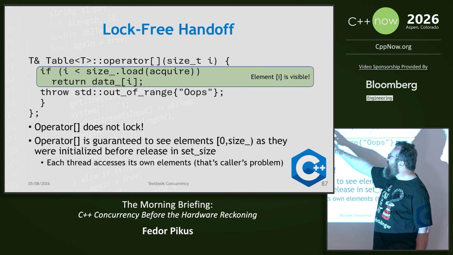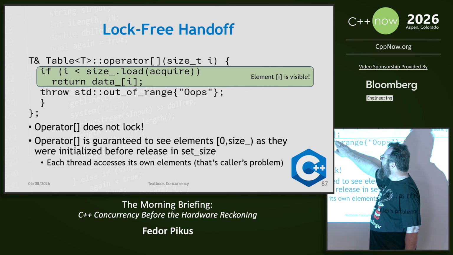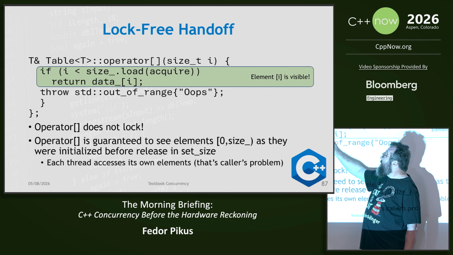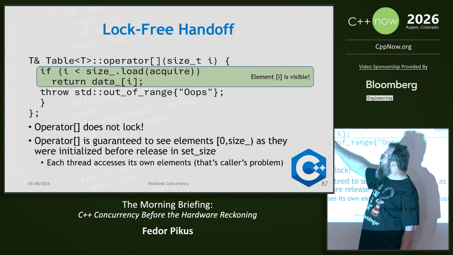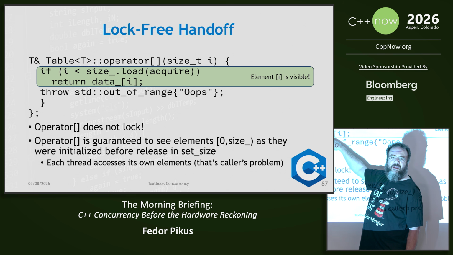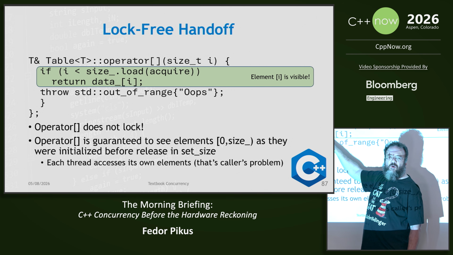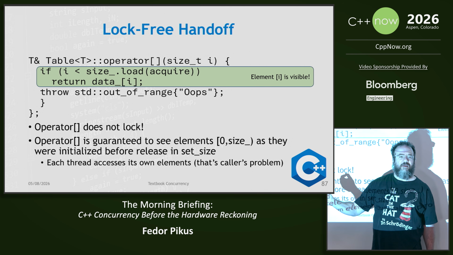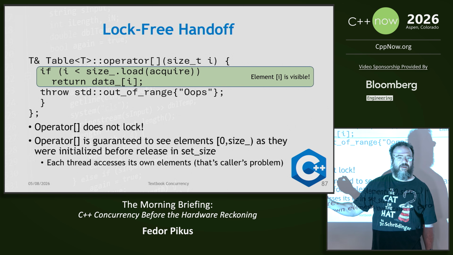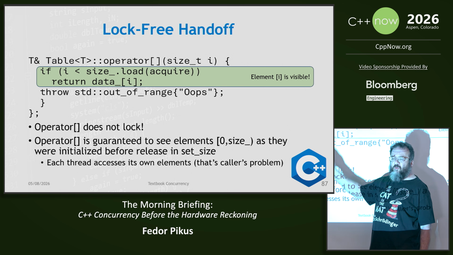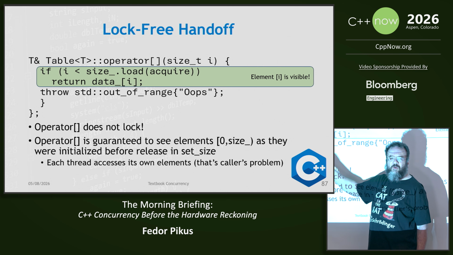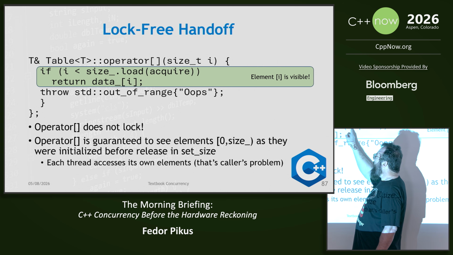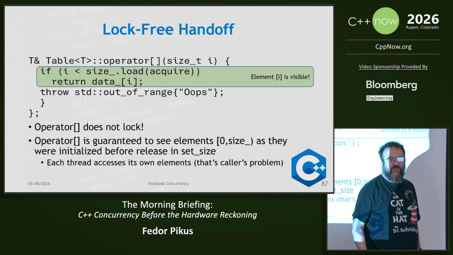This acquire, if it succeeds, is going to go and just index into the data array. I have to have the guarantee that this element of the data array is constructed. I don't want to take a mutex, and the only way to get that guarantee is to acquire what was released.